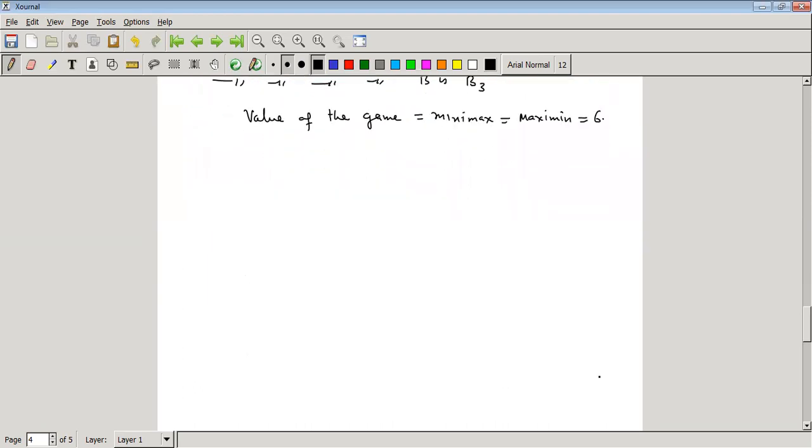So in this way we can find the saddle point, the value of the game, and the best strategy for player A as well as player B.